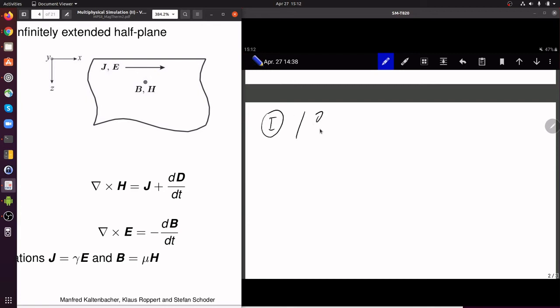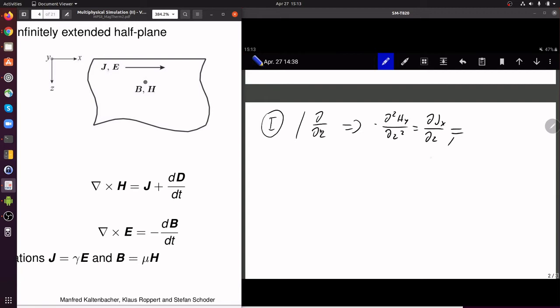We take a derivative with respect to z, then we have the second spatial derivative, so minus d squared Hy over dz squared is the partial derivative of the x component of the current density over dz.